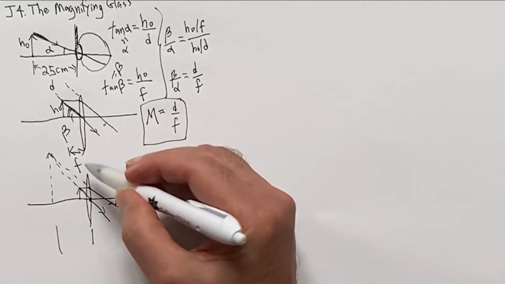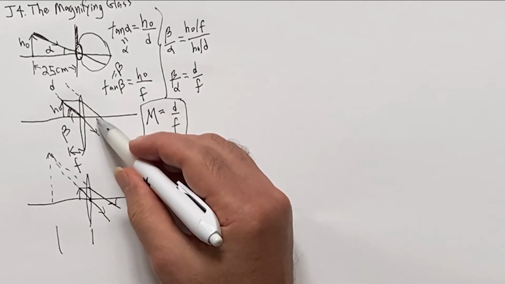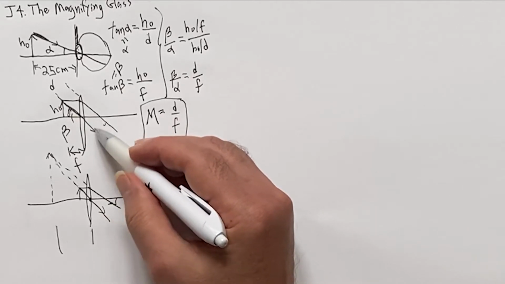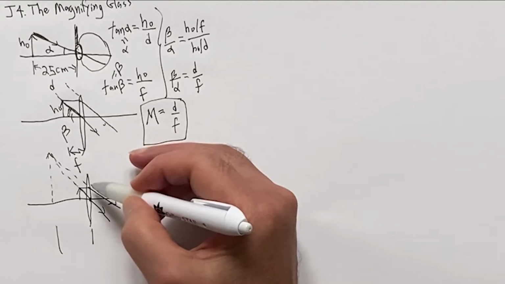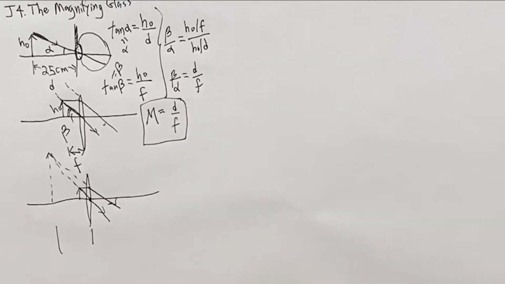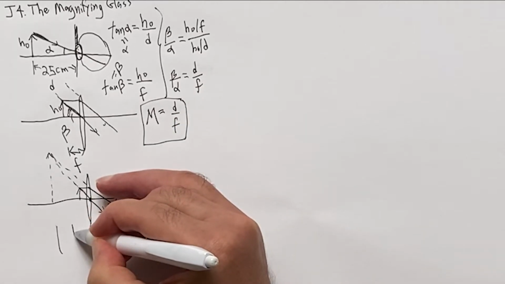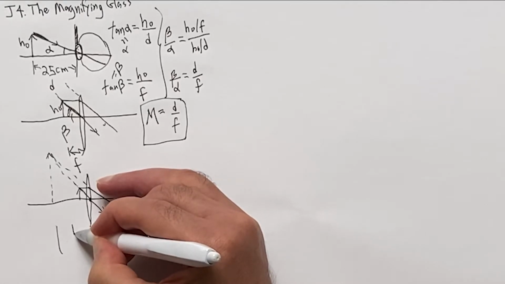So in this case, the eye has to work a little bit harder, because remember, when you focus at infinity, the eye is relaxed. Here the ciliary muscles are pushing in a little bit to get you more curvature of the eye lens to see closer, but that's going to get you a little bit better magnification.